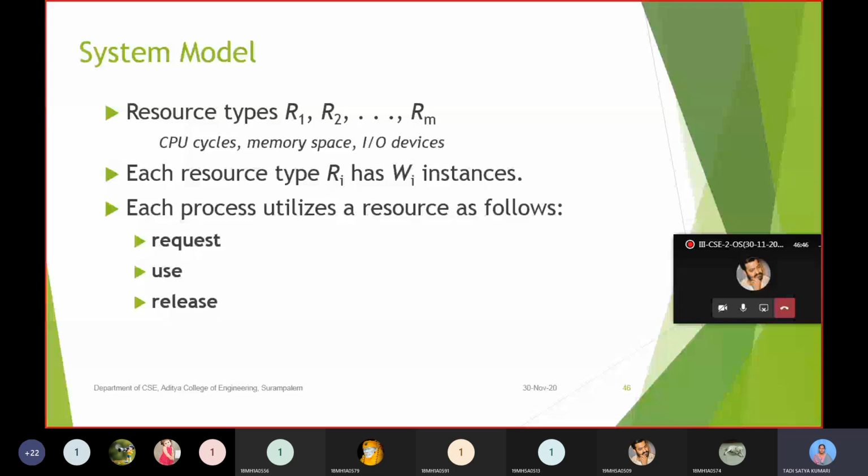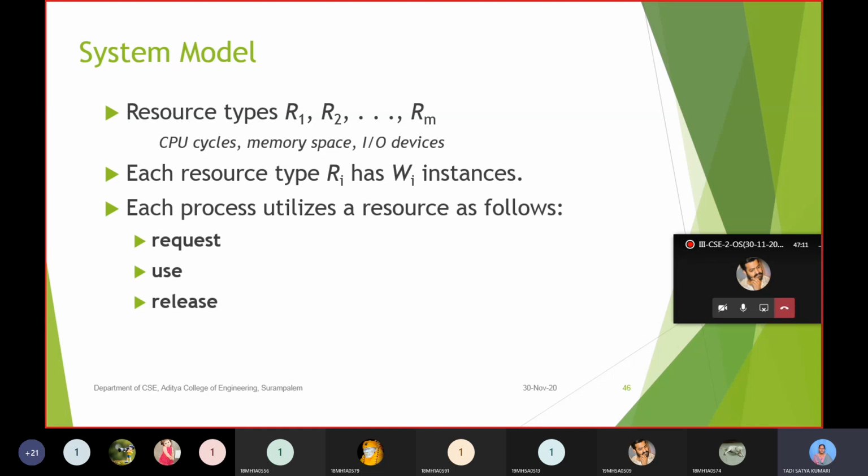Once the process enters the ready queue, after some time it will get the chance to use the CPU. That means the process is allocated the CPU. That is the second step, use. After executing on the CPU, the process will release the resource. That means the process will release the CPU. That is called release.